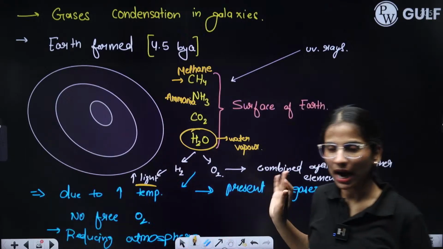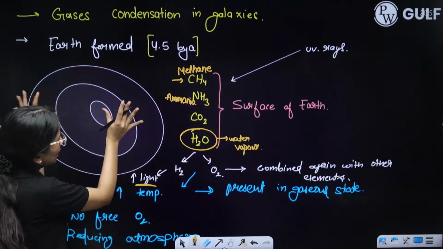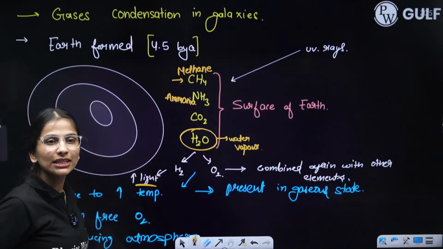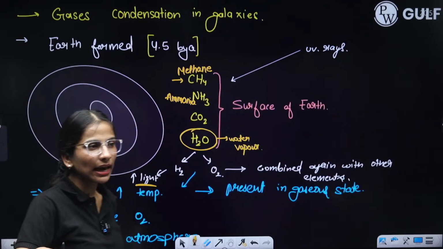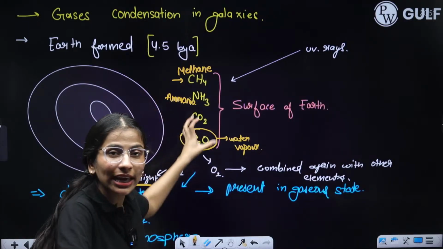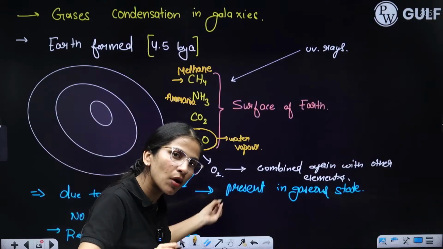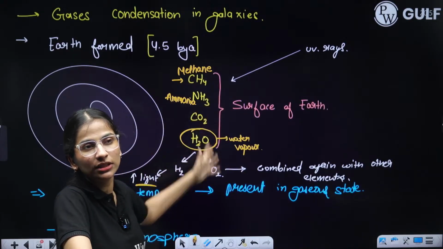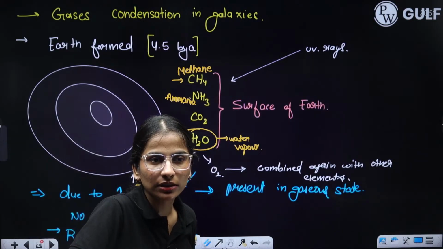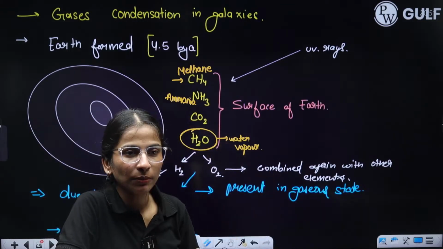Okay, so due to high temperature, all of this was happening. Now the thing is, the entire atmosphere is very much reducing. Reducing atmosphere means that free oxygen cannot exist. Okay, oxygen forms and it will quickly combine with some other particle, some other element, because there is just so much free hydrogen present.